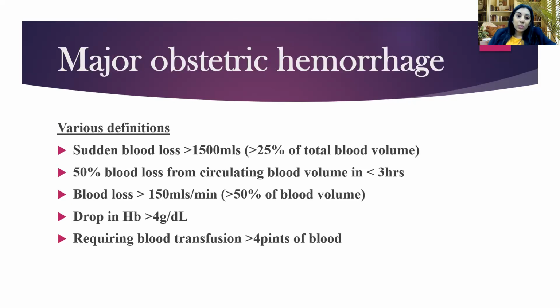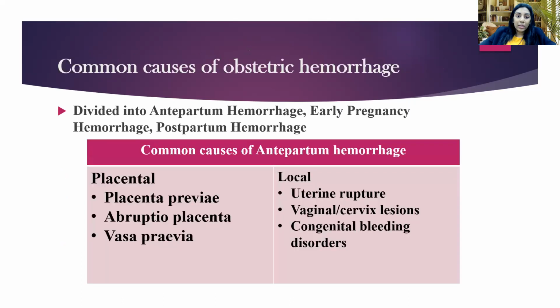So when it comes to the definition of major obstetric hemorrhage, there are various definitions provided by different guidelines and different protocols from the obstetric team. So what we can do is divide it into antepartum hemorrhage, early pregnancy hemorrhage, and postpartum hemorrhage.